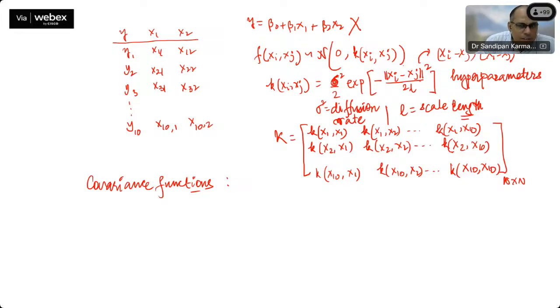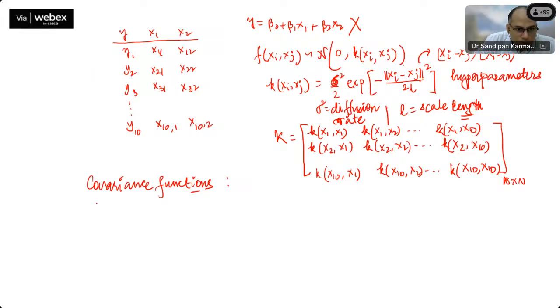I am not going into kernel functions, as they are a little complex to understand. Here it is easier because we are talking about the data and the distance between the data points. Lower the distance, higher the covariance, and higher the distance, lower the covariance.